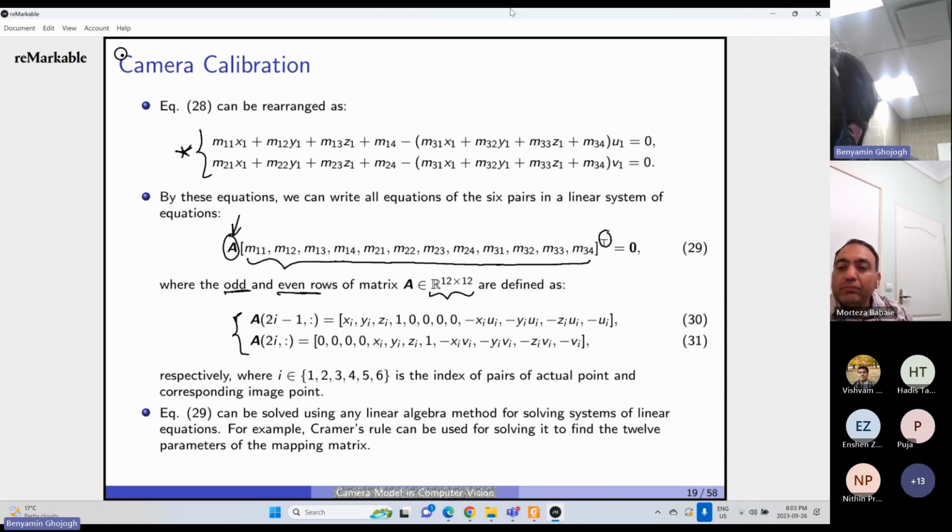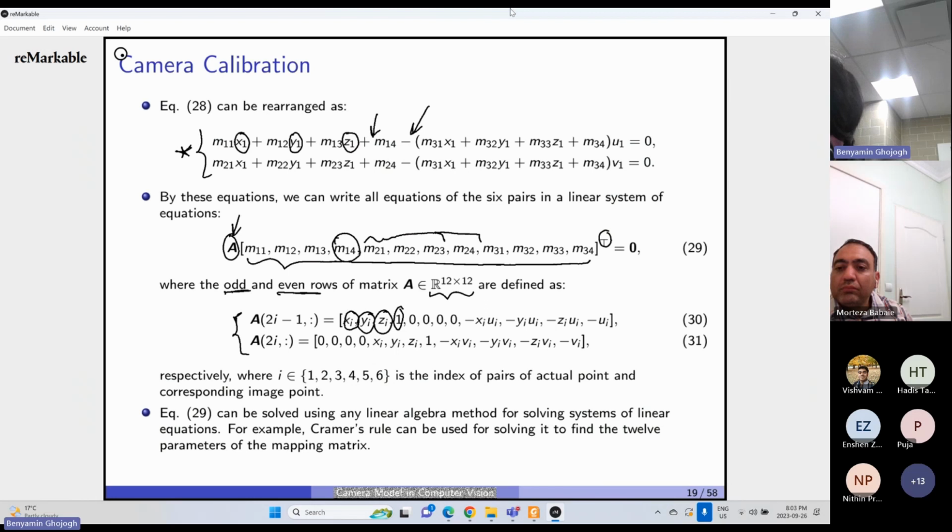What is the coefficient of M11? This is x1, which is a known value. Xi means for the first pair it becomes x1, right? Then y1 for M12, z1 for M13. For M14, its coefficient is 1. What about M21, M22, and M23? Here, their coefficients are 0.